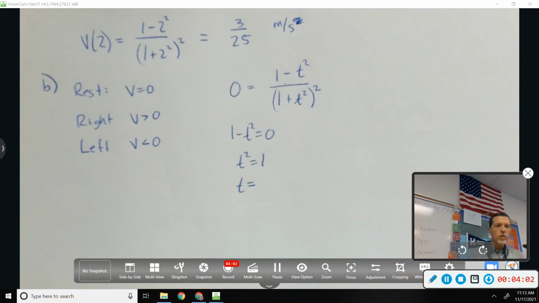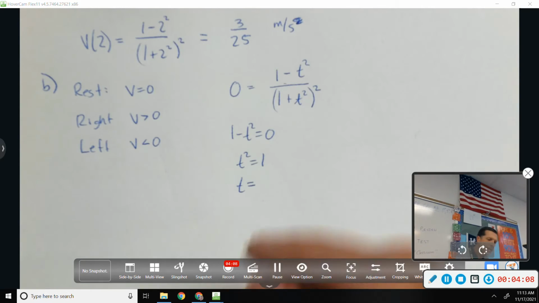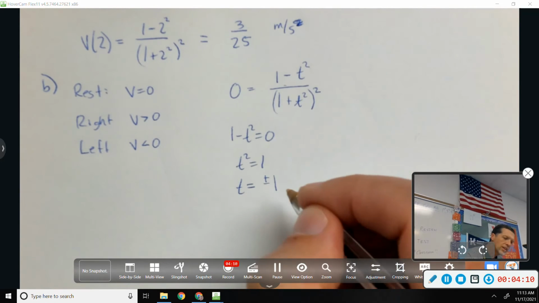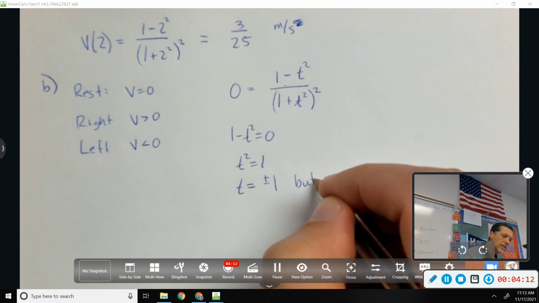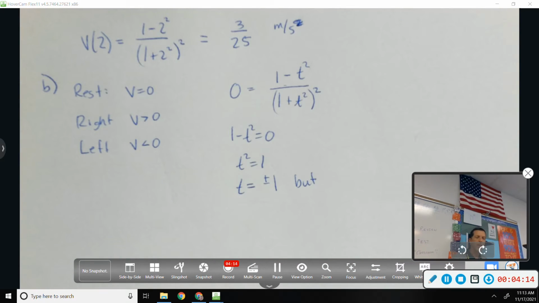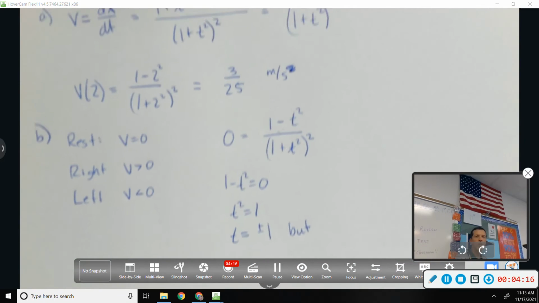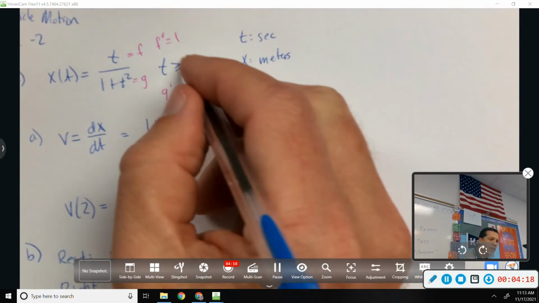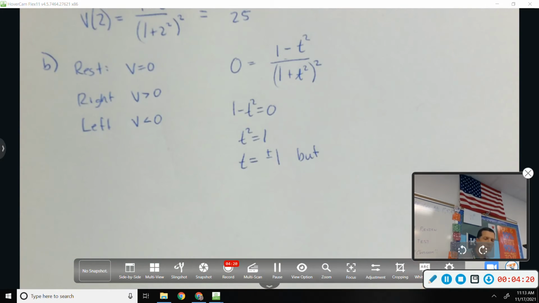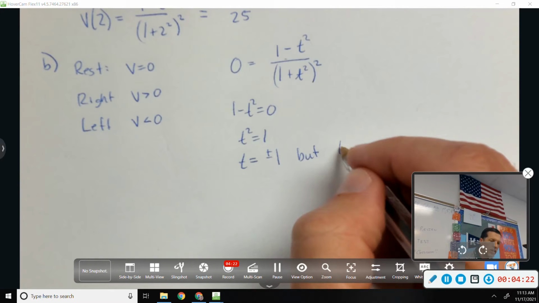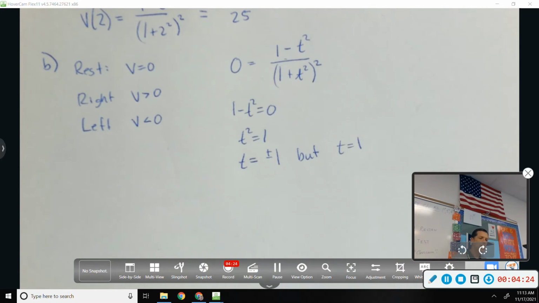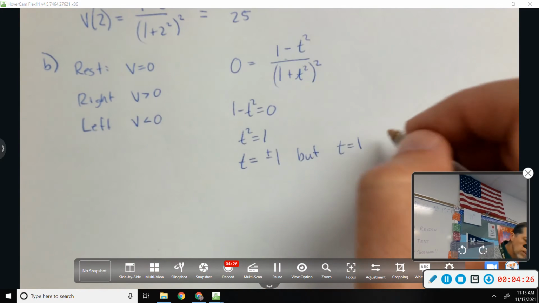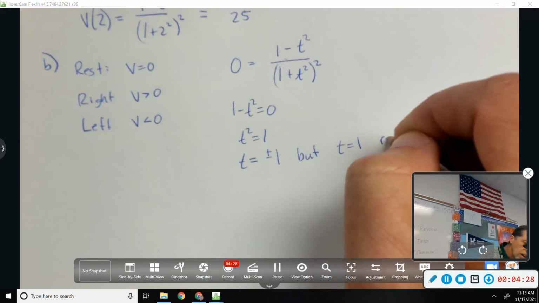So t equals plus or minus 1. Sort of. Well, can't have negative time, and they explicitly told me that at the beginning. t's got to be greater than 0. So I don't have to worry about negative 1. So t equals 1. So at t equals 1, it's at rest.